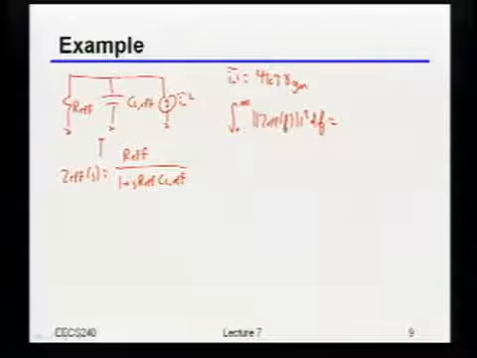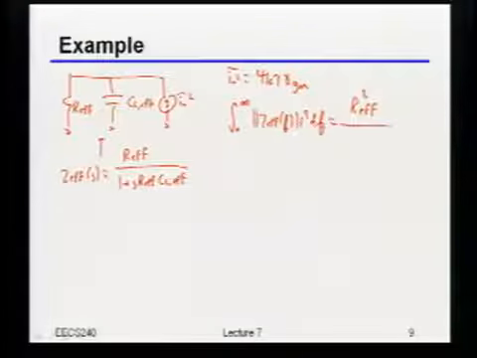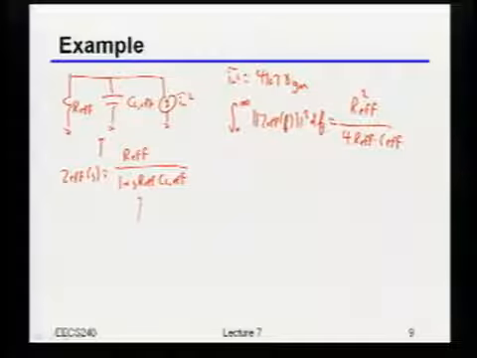So if you actually do that integral, what you're going to get is R effective squared divided by 4 R effective times C effective. Because remember this integral over here, you just take whatever multiplies the s, you do 1 over that times 4, and that's what the integral ends up being for the first order thing. Okay?